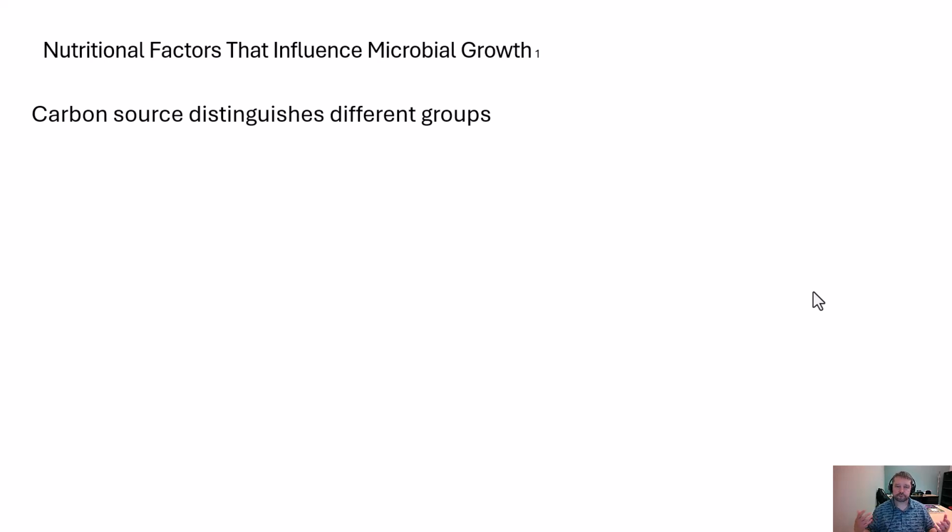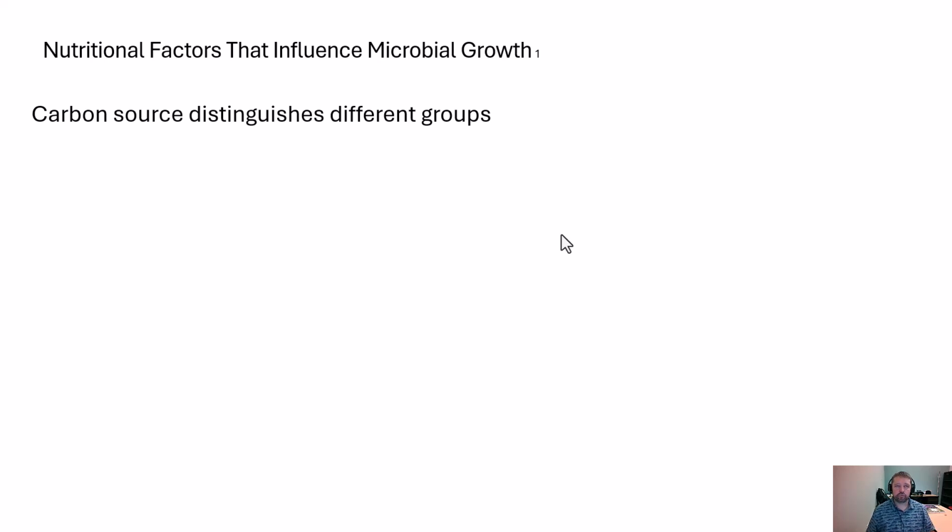One of the big things that determines whether or not a microbial population can grow, or at least the rate at which it's going to grow, is the availability of nutrients in a system.